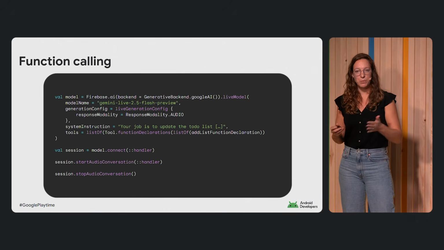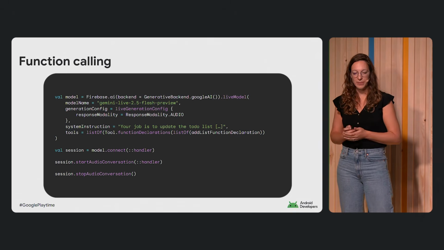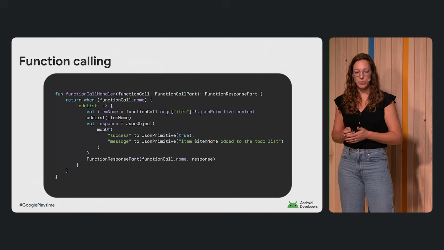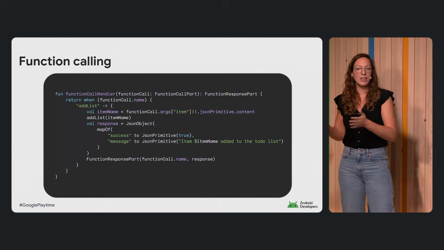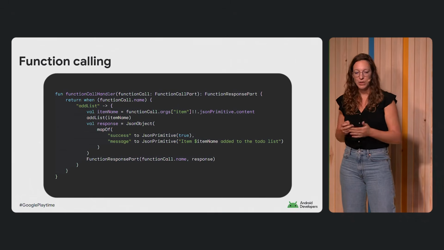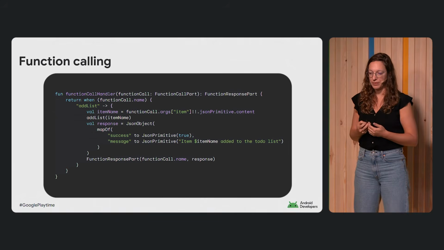Now, when we create the model, we can add our set of function declarations here. In this case, I'm just adding the add list for brevity. And finally, when we then actually get a response, we have a function call handler, which basically has a big switch and goes through the different types of functions, and it actually does the function call for you. You still need to implement the actual function call yourself.